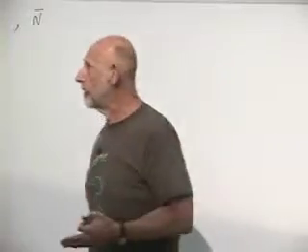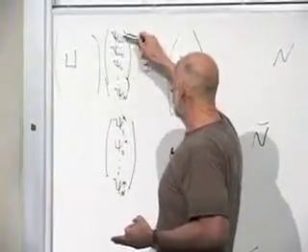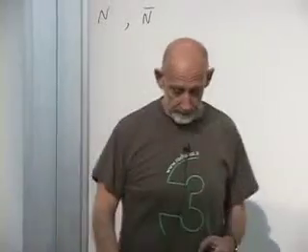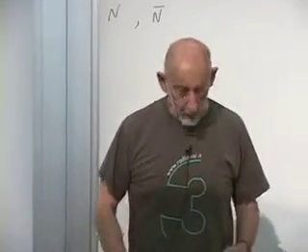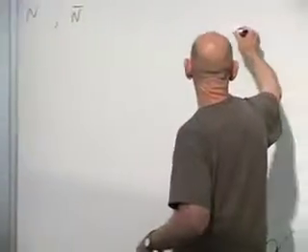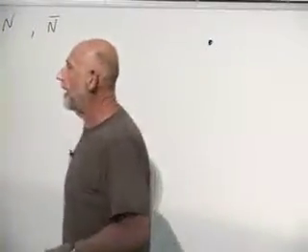They could represent the three colors of quarks, red, yellow, blue, or whatever the appropriate degree of freedom is. All right, so here we have a particle over here, and it can have any one of n states.